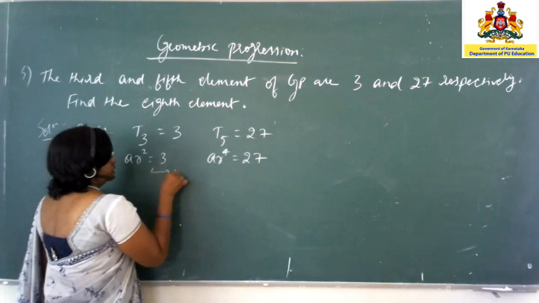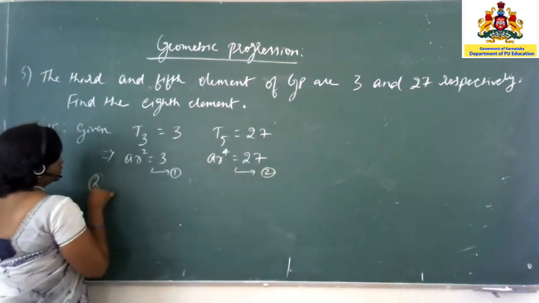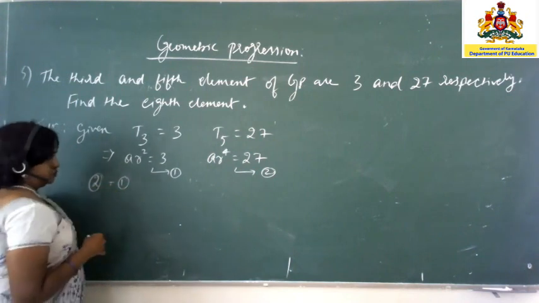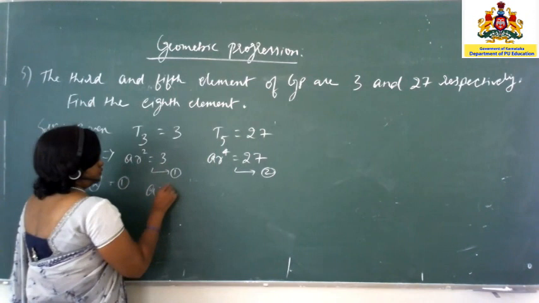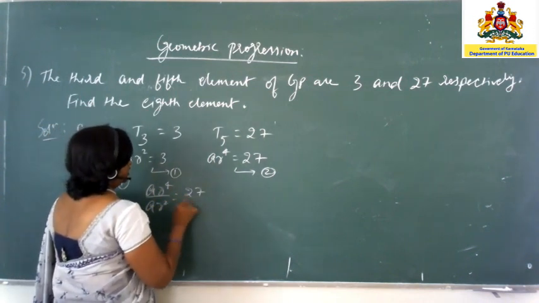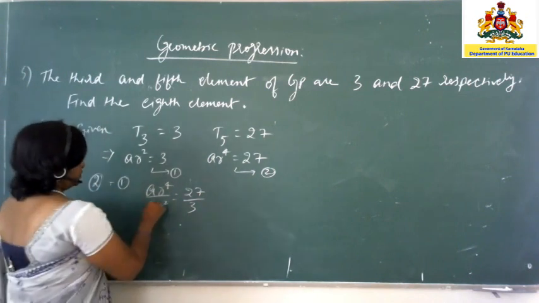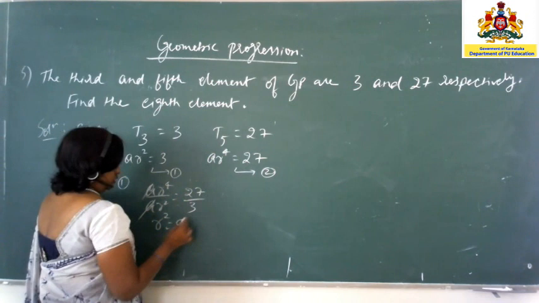So let me call this as 1, this as 2. So 2 divided by 1, so you can eliminate the A value. So AR to the power of 4 by AR square is equal to 27 divided by 3. So A, A cancel. So R square is equal to 9.